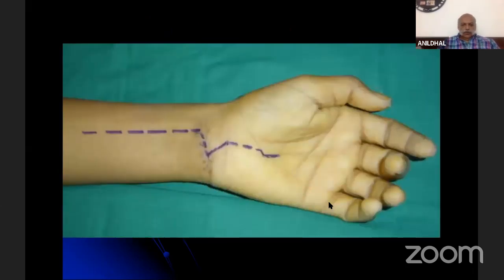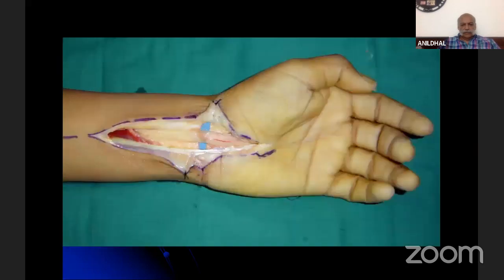Well, to show you a case here, glass cut injury at the wrist, 3 months old injury. There was a loss of opponent's function, wasting of the thenar muscles, and loss of sensation in the radial 3.5 digits.